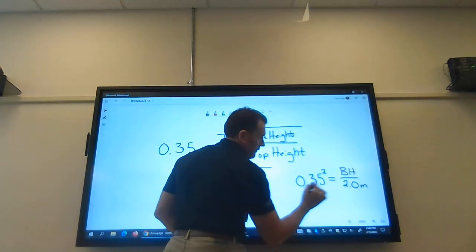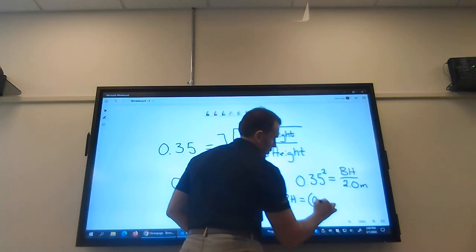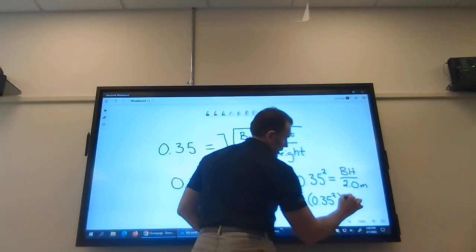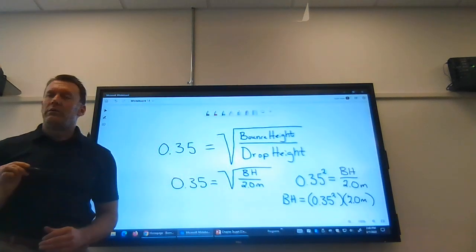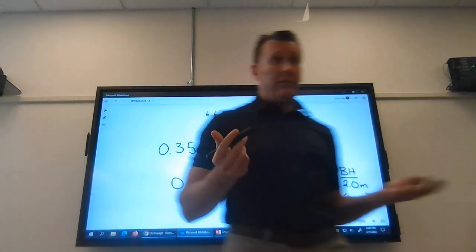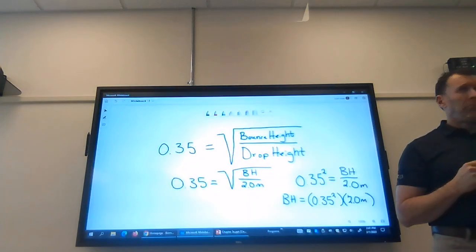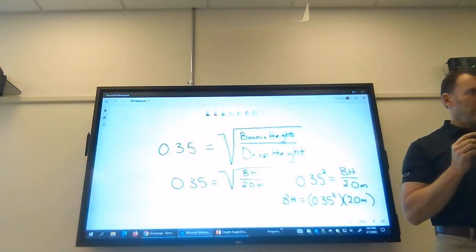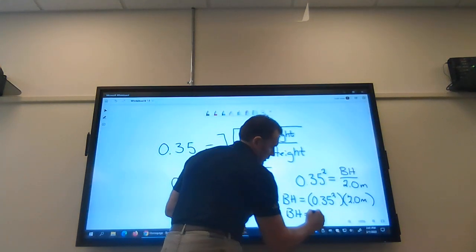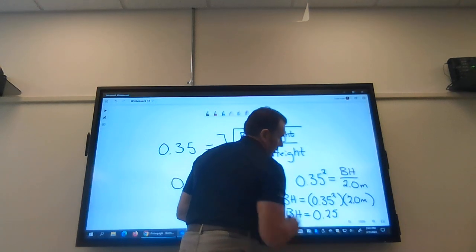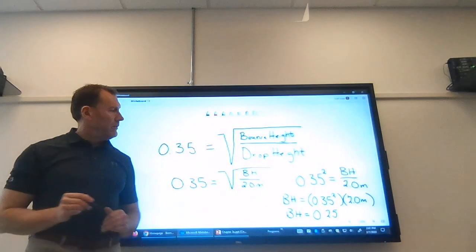Solving for bounce height, BH is going to equal 0.35 squared times 2.0 meters. So the answer is going to be in meters. What do you get for your meters? 0.25. Is that 0.25? Okay, good. 0.25, or that's about 10 inches.